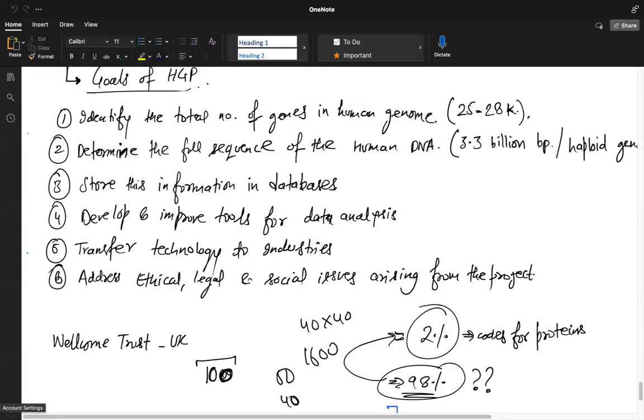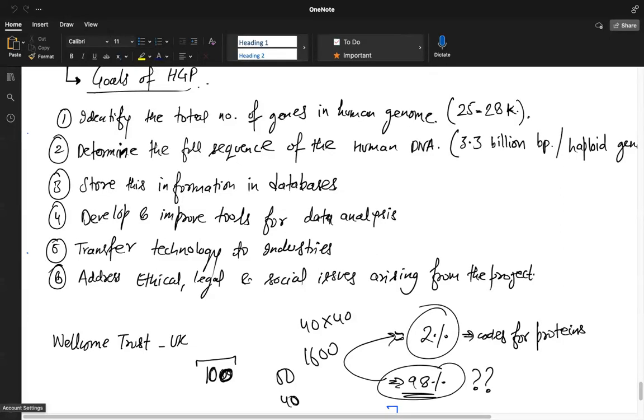So applications are enormous. Once you know human genome, it enables you to start a new approach in biological research. Earlier, when people did not know about the whole genome, they used to study a single or a few genes at one given time, right?